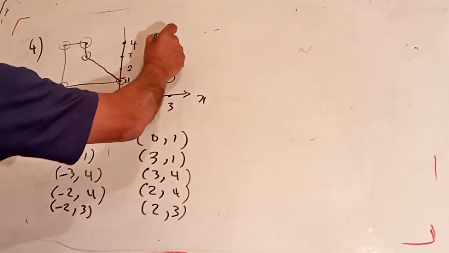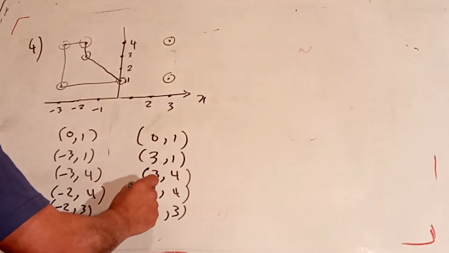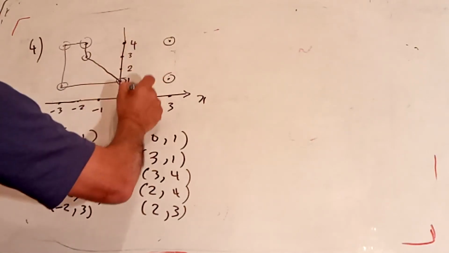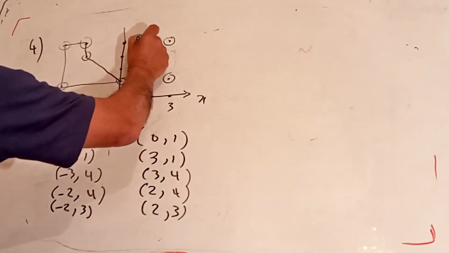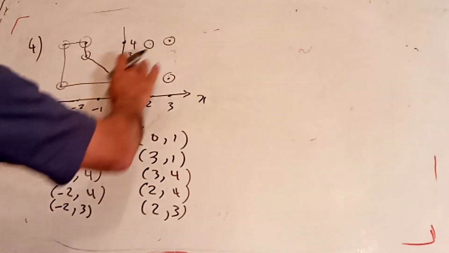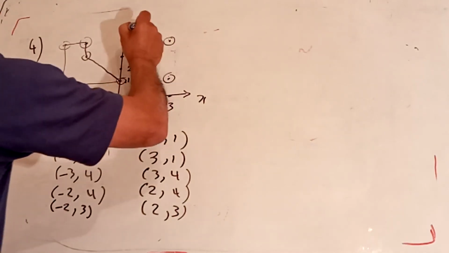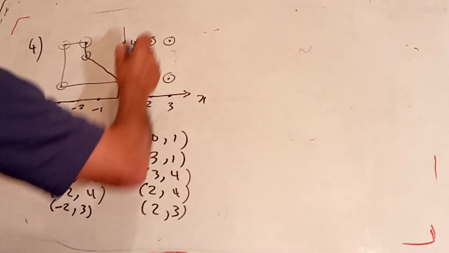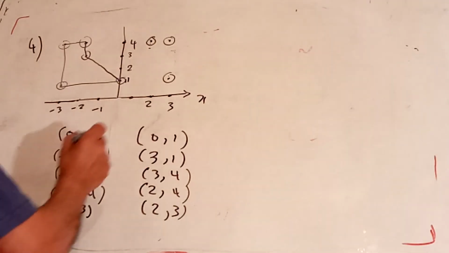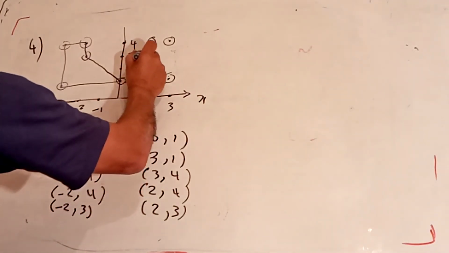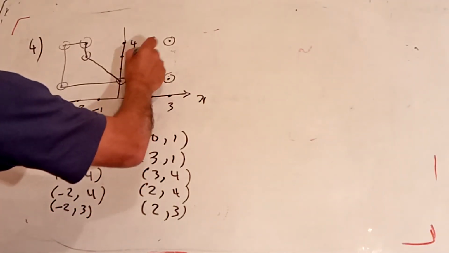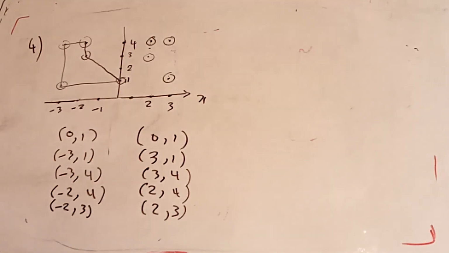It will be this point here. We have 2 and 4. This is 2 and this is 4. This point here. We have 2 and 3. This is 2 and this is 3. How many? 5 points, so we have to draw them together.